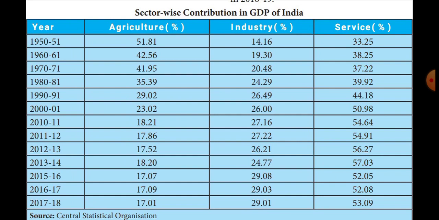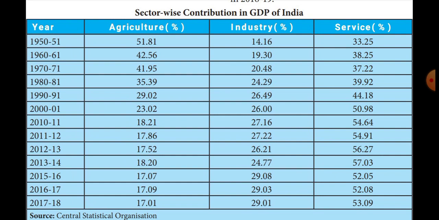In 1950 to 51, India contributed 51.81 percentage through agriculture, 14.16 through industry, and 33.25 through services. In 1960 to 61: agriculture 42.56, industry 19.30, services 38.25.